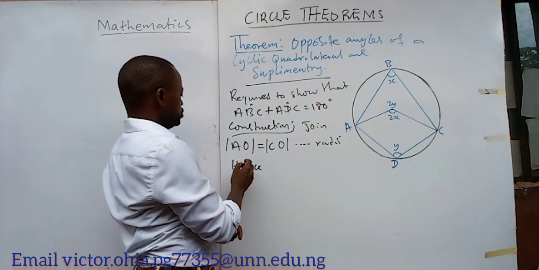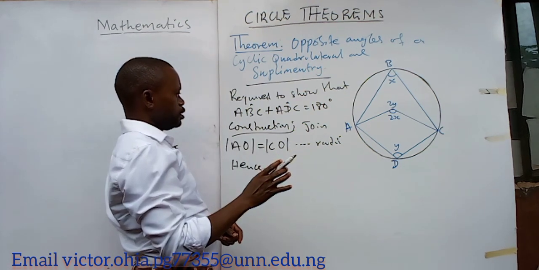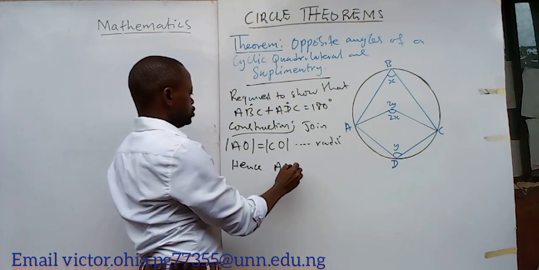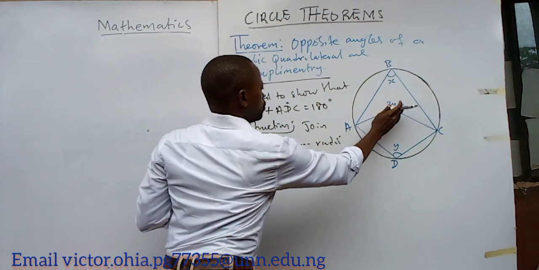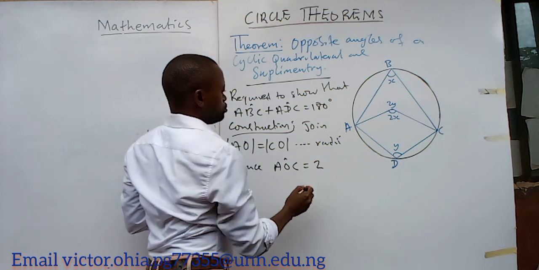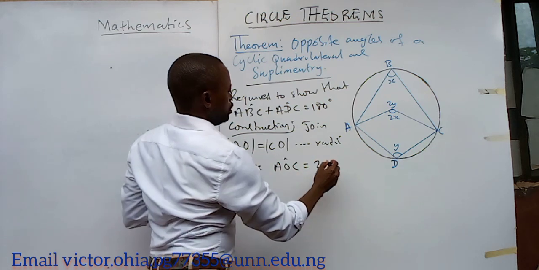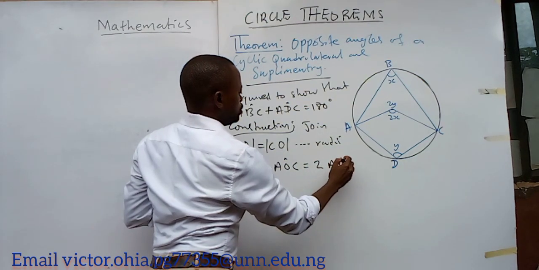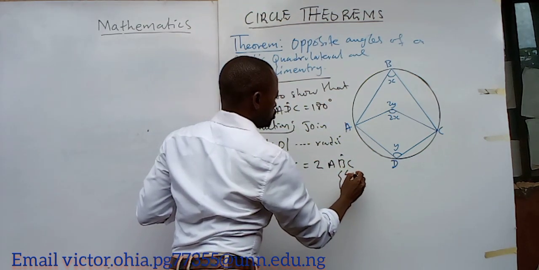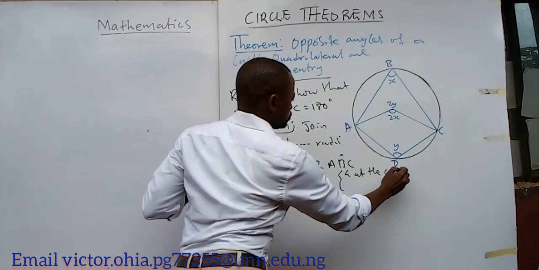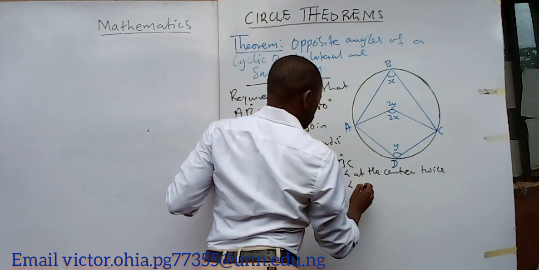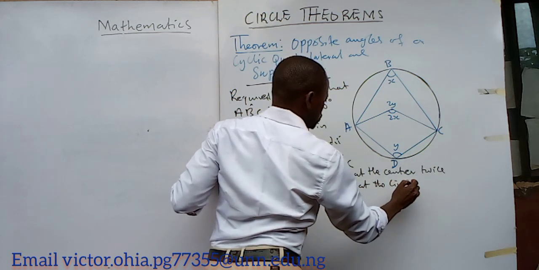Hence, we can now come from this understanding that angle AOC is equal to 2 times ABC, and we can back it up by saying angle at the center is twice the angle at the circumference.